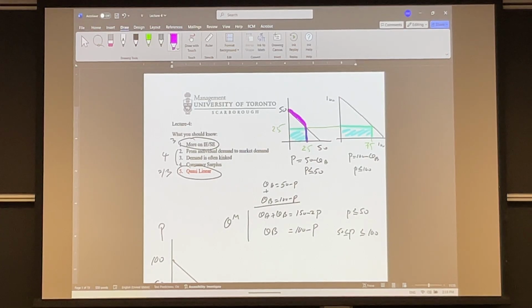But consumer number one is willing to pay all the way up to this. So consumer number one collects a benefit from paying 25 because they're willing to pay all the way to the demand. That's the highest price they want to pay. So consumer number one is left with this, what do you call it? Surplus.